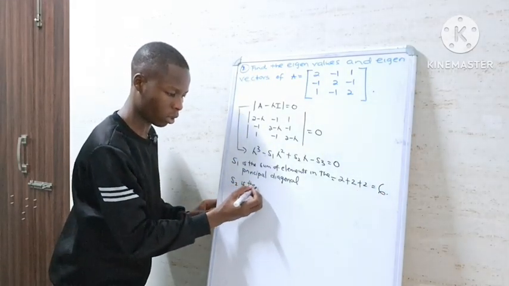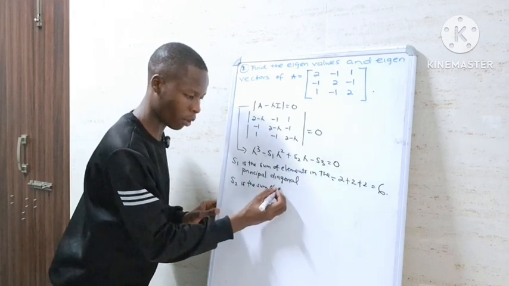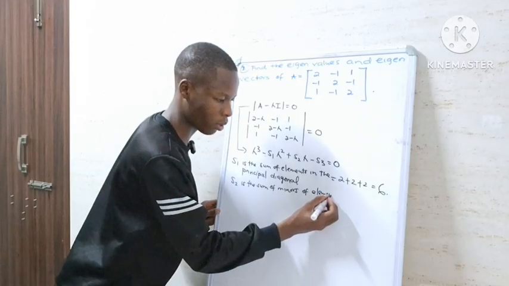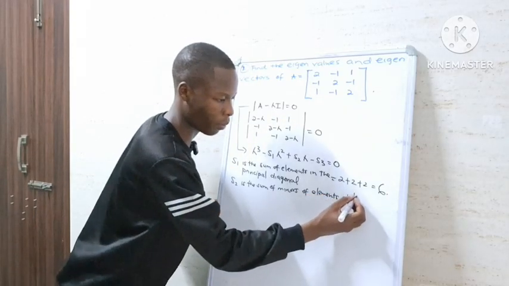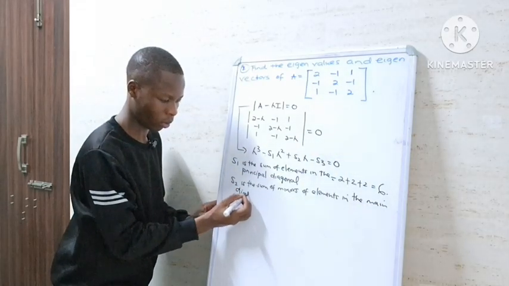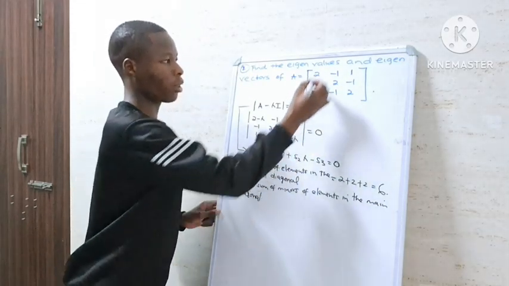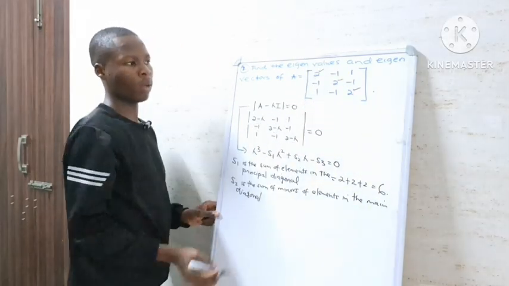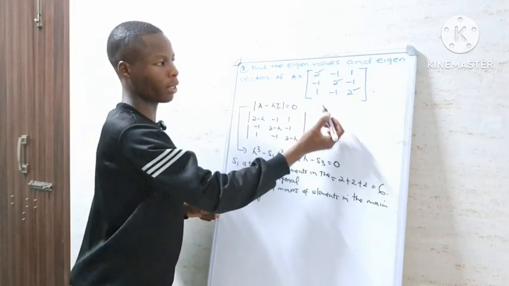S2 is the sum of minors of elements in the main diagonal. This is an element in the main diagonal, 2 is an element, again this 2 is an element in the main diagonal.